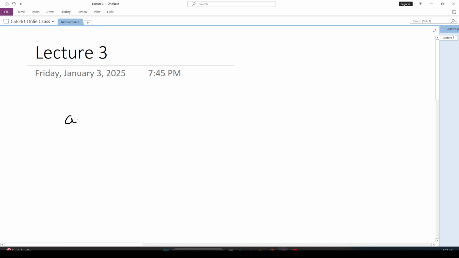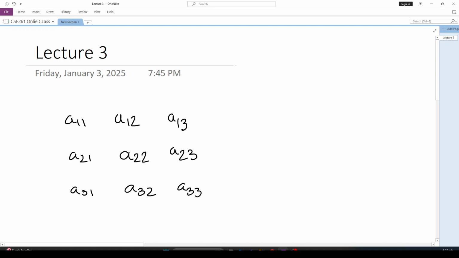Let's write the equations once again: A11, A12, A13, A21, A22, A23, A31, A32, A33. And over here we have the matrix B1, B2, and B3. This is the total matrix.